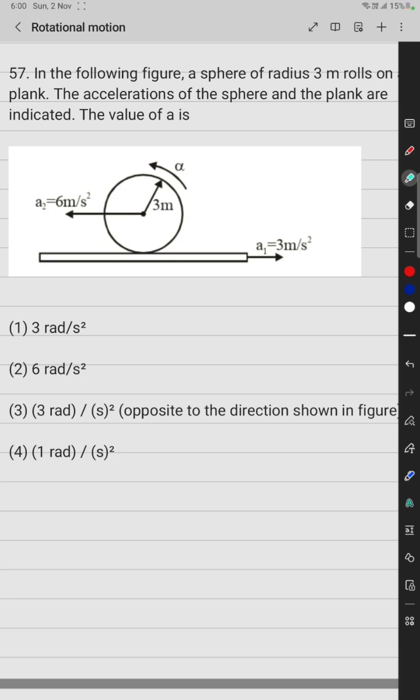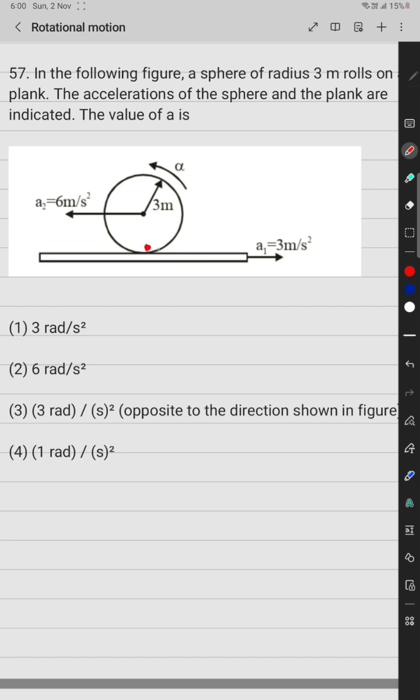Next situation, the following figure is given and the radius is 3 meter, and the sphere rolls on the plank. Acceleration of the sphere and of the plank are given. It means at this point there is no slipping. It means the net acceleration of this point is equal to 3 meter per second square. Then we know alpha of this one.